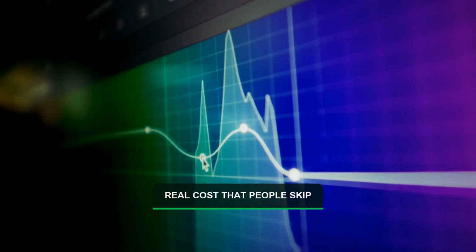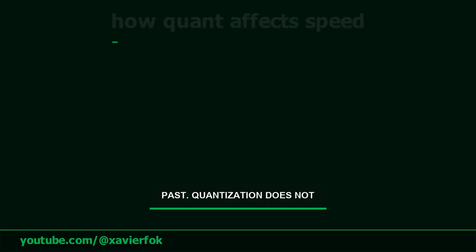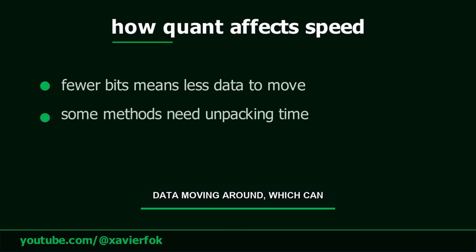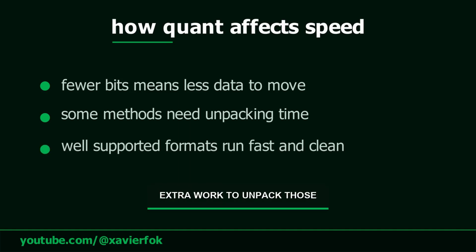I want to flag a real cost that people skip past. Quantization does not just affect quality, it can affect speed, and not always the way you expect. Lower precision weights mean less data moving around, which can make the model faster. But some quantization methods need extra work to unpack those squeezed numbers back into something the GPU can compute with.